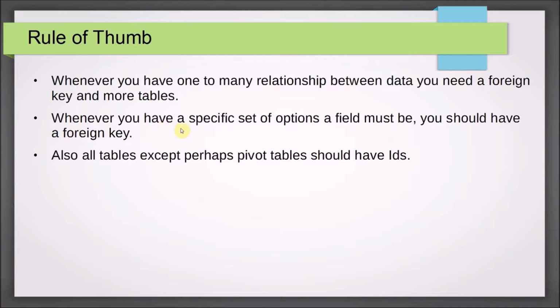Therefore, we do not want to duplicate information in a database. Also, I didn't mention, all tables, except perhaps pivot tables, and this is debatable, should have IDs that are auto increment and primary keys.